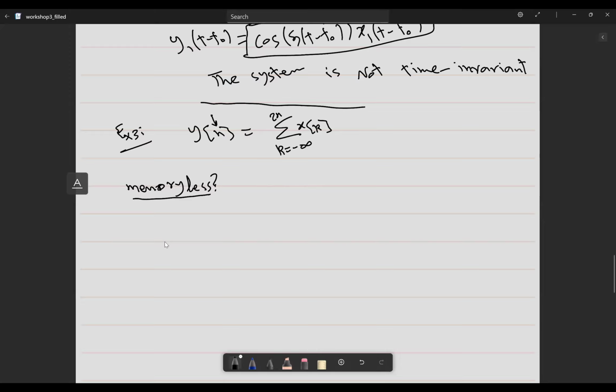Even at n equals 1 or any value, we have a summation over all xk's from minus infinity till n or 2n. So it depends on other time instances other than the present, n. So it depends on n minus 1, n minus 2 until minus infinity, and also until 2n. So it's not memoryless.